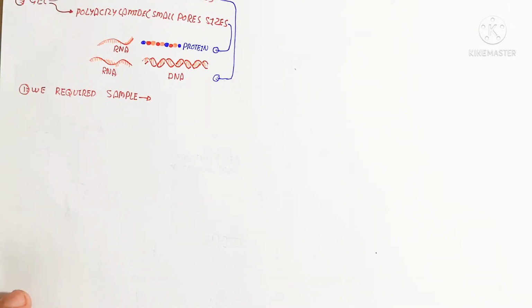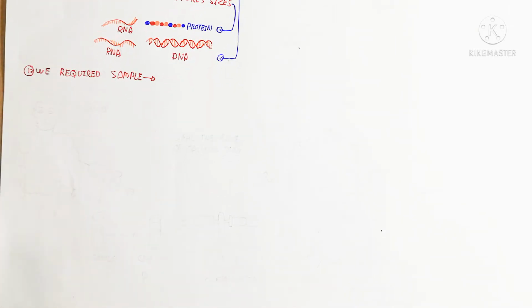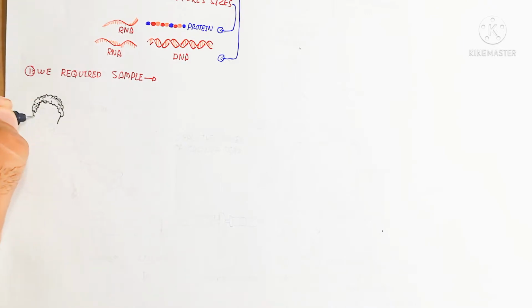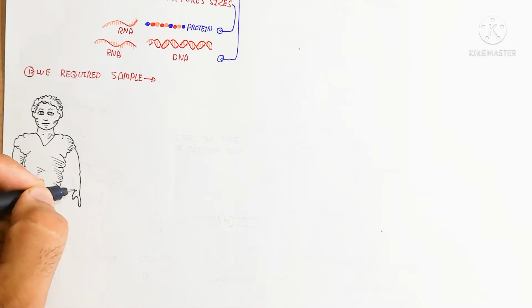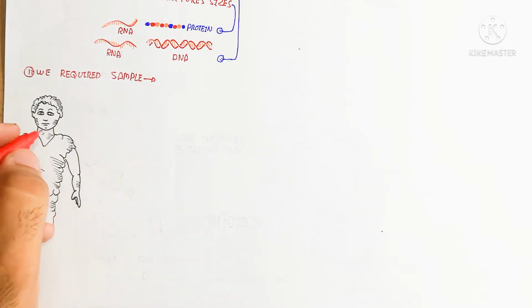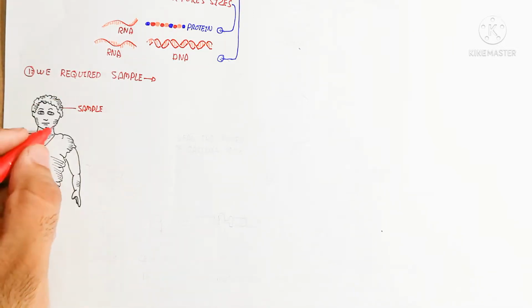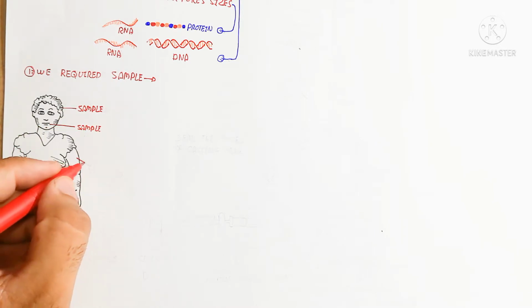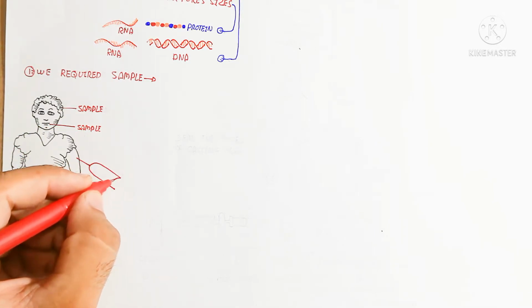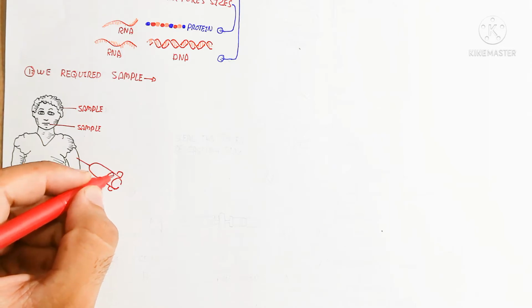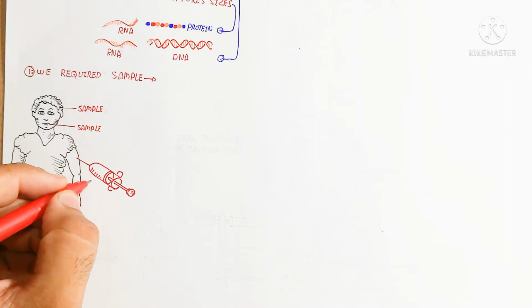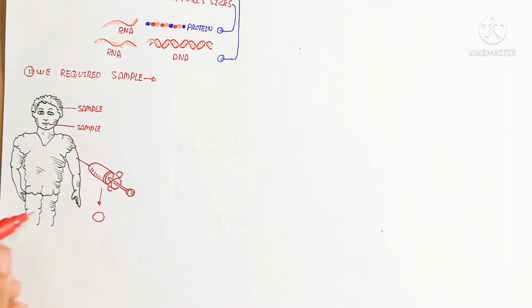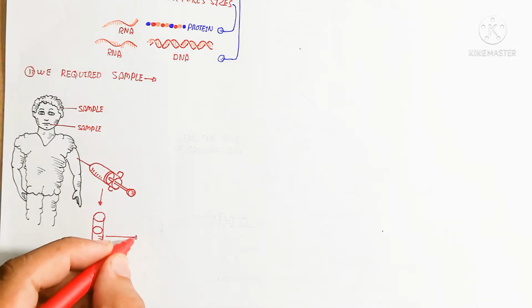First we require the sample. We can take the sample from a criminal, for example, or from a person with cancerous cells, or from any suspected sample. Let's consider a criminal who is a murderer, and their hairs were in the hand of the murdered or dead person.